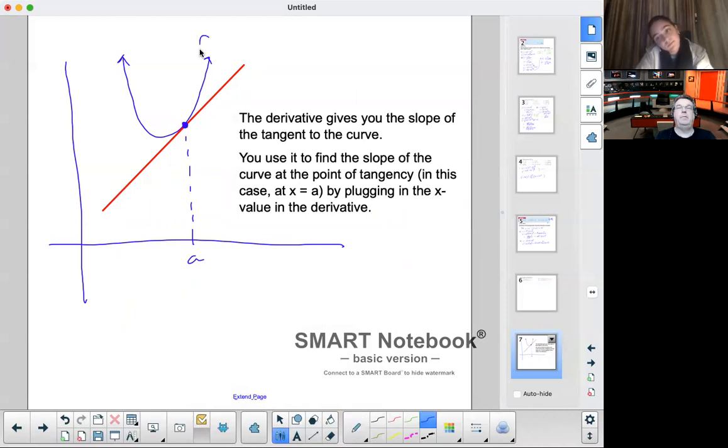Let's say this is f of x. If I find f prime of x, that is the derivative, whatever it is, some horrible function. This is a quadratic.